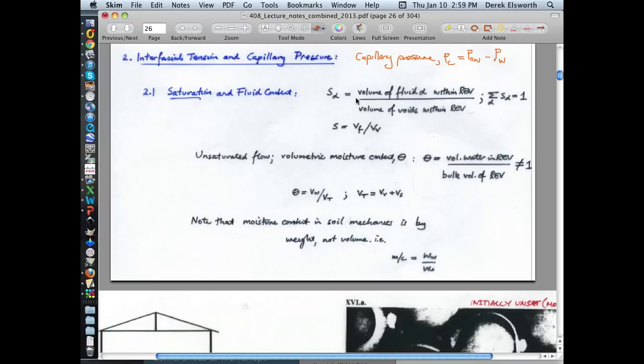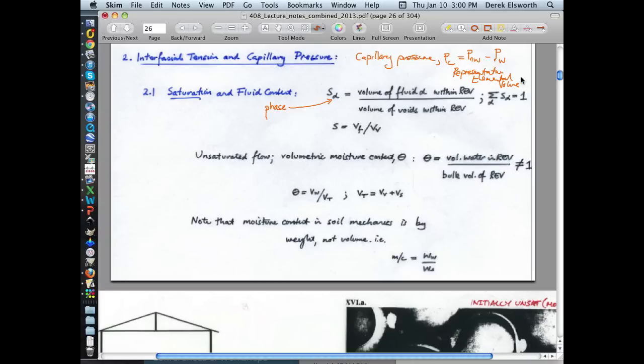And so by definition, the saturation of phase A, so this is phase alpha, right? This is phase alpha. So the saturation of phase alpha is the volume of that fluid within the volume of voids within the REV, the representative elemental volume, which is just a very fancy way of saying a bit of porous medium that's representative of all your aquifer.